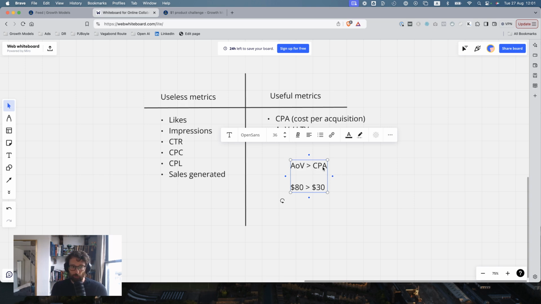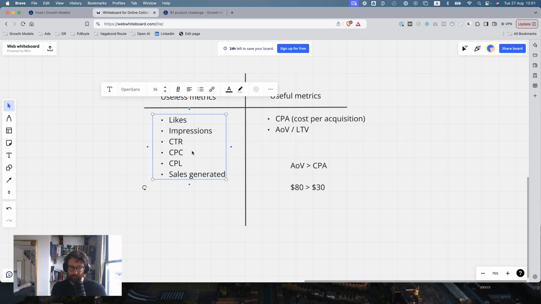If my cost per acquisition is too high, is higher than this, I've got one of two options. I can either try and increase how much people pay me, or I can try and reduce how much I pay to acquire them. And that's where these kind of things come in as secondary. But really, these are the two that you should be looking at. So let's say that these were reversed and it was $30 average order value, $80 CPA.